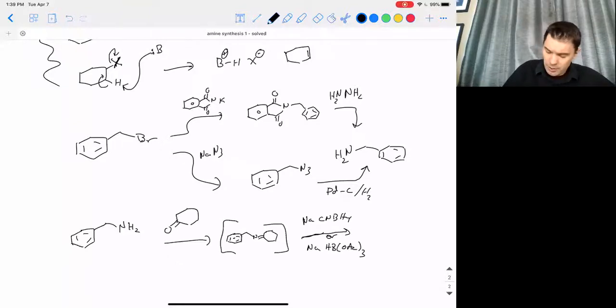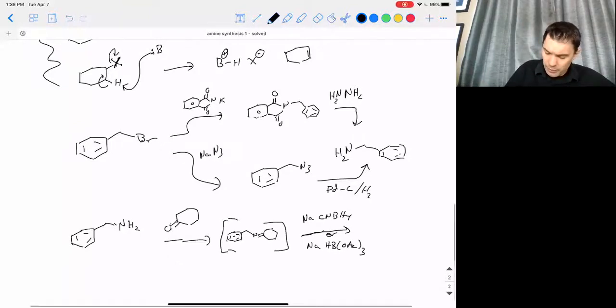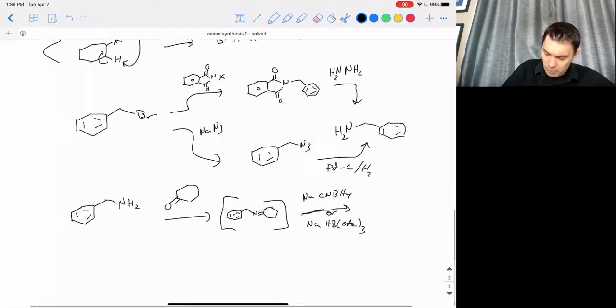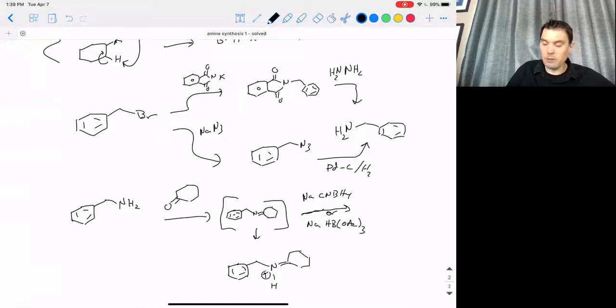The reason is that they end up reacting selectively with, after this gets protonated, the iminium ion.